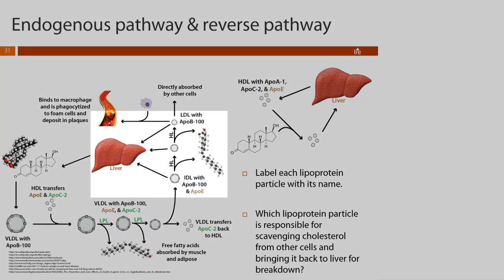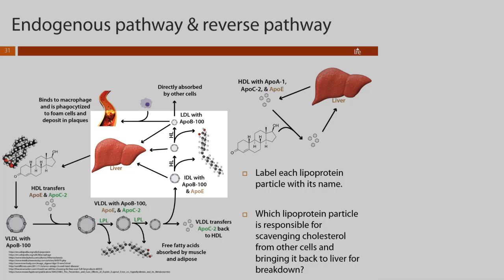So these IDLs can go down 2 separate routes from this point. About half of them are absorbed directly by the liver for breakdown, and this is due to the action of protein ApoE. The other half get hydrolyzed further, this time by a different enzyme called hepatic lipase.